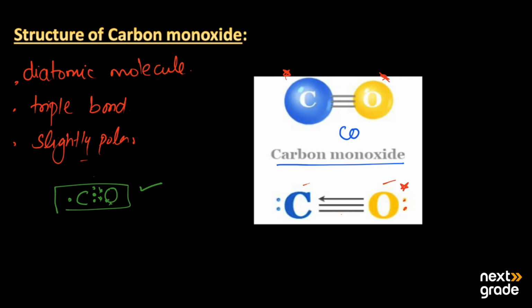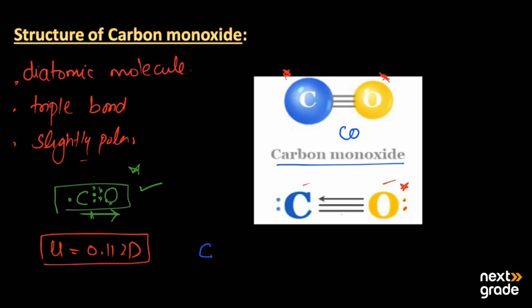It might appear from this structure that the molecule should have a large dipole moment, but in fact its dipole moment is very small, almost 0.112 D. D is the unit of the dipole moment.